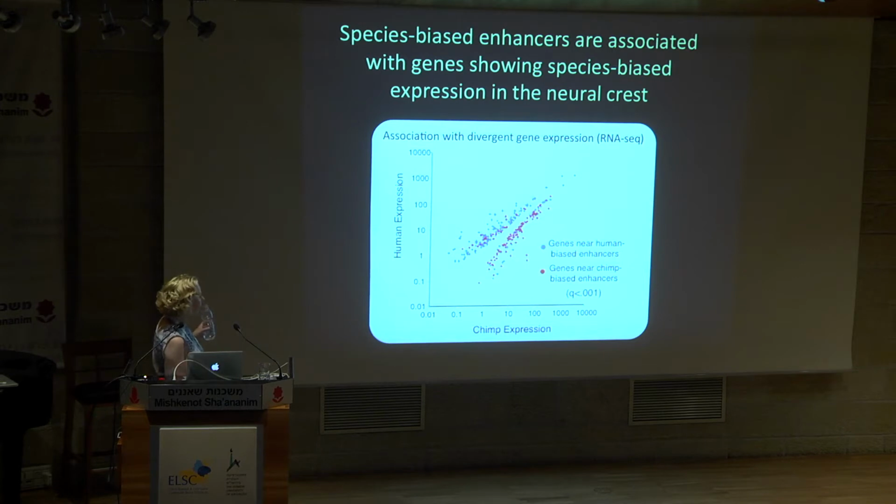So we were very excited to see that genes near human biased enhancers in general tend to be human biased in expression, and those near chimp biased enhancers tend to be chimp biased in expression. And in fact, the more biased enhancers you have nearby, the more predictive it is of changes in gene expression, probably due to complexities and redundancies in enhancer landscapes.